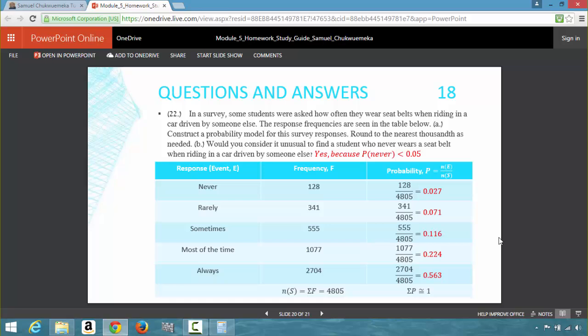B, would you consider it unusual to find a student who never wears a seatbelt when riding in a car driven by someone else? So if we look at this, probability is cardinality of the event all over cardinality of the sample space. You add up all these, sigma means summation. We did this in a Module 3 homework.